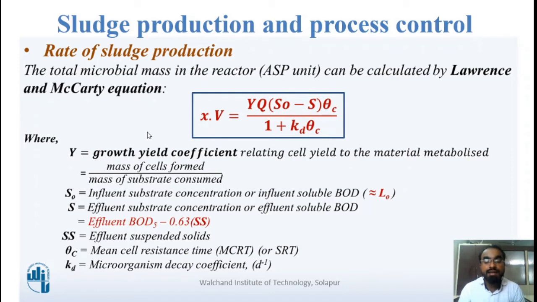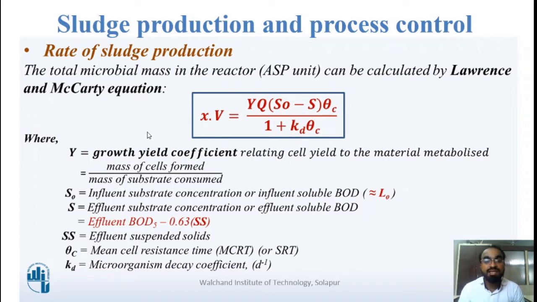So the soluble BOD will not be equal to the effluent BOD. We have to subtract the inert material in the BOD to get the effluent soluble BOD. So we can write it as effluent BOD5 minus 0.63 SS.